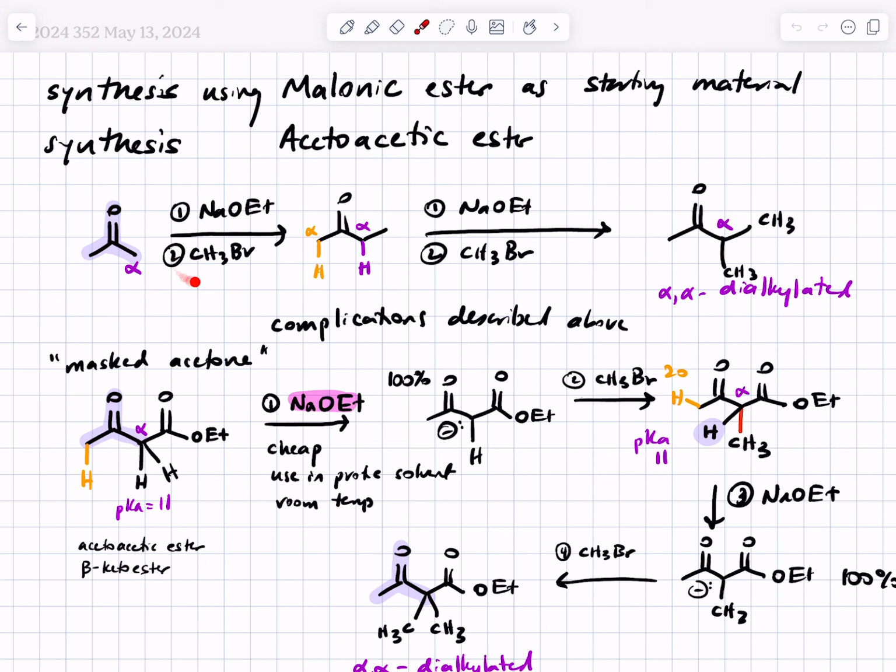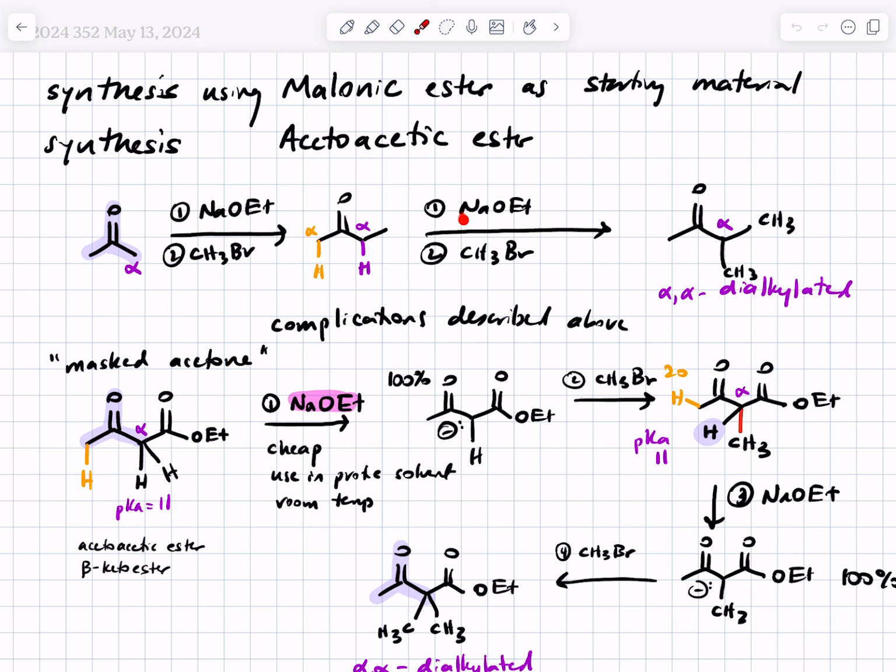And so when you go to alkylate the alpha carbon, you have to deal with the potential undesired ether formation side reaction where your ethoxide base acts as a nucleophile and does SN2 on the alkyl halide. But if you pretend that that's not an issue, you can get the monoalkylated product.